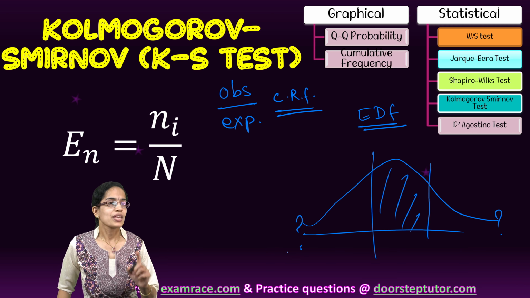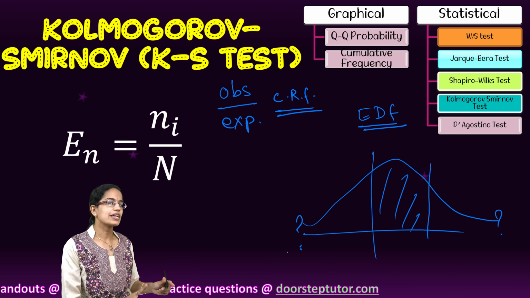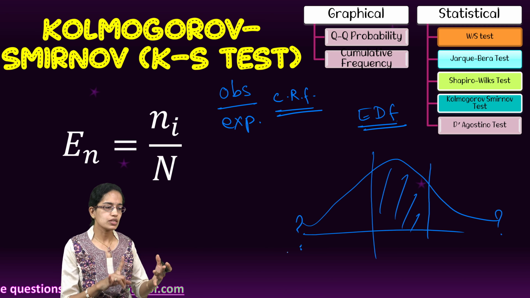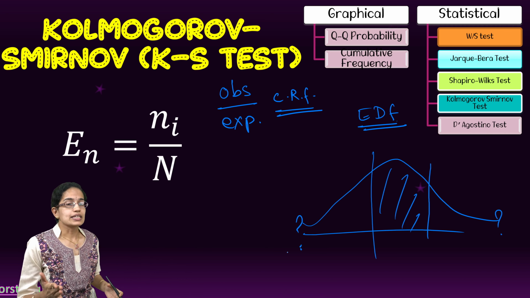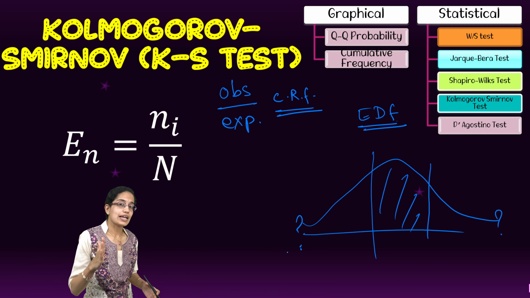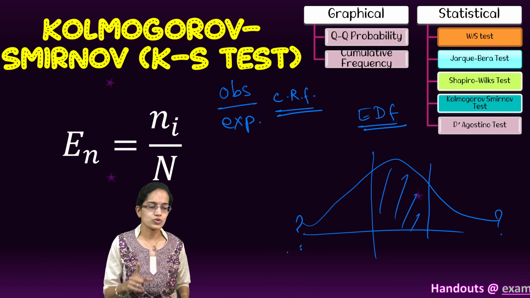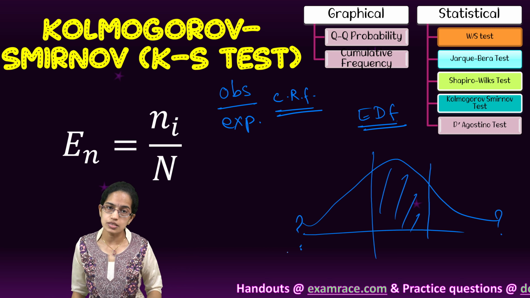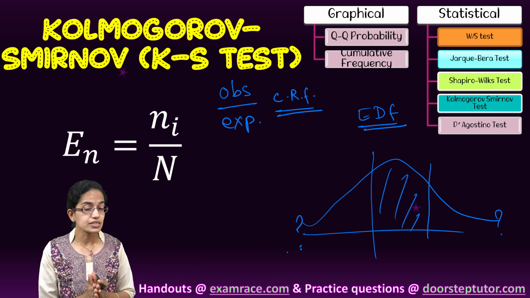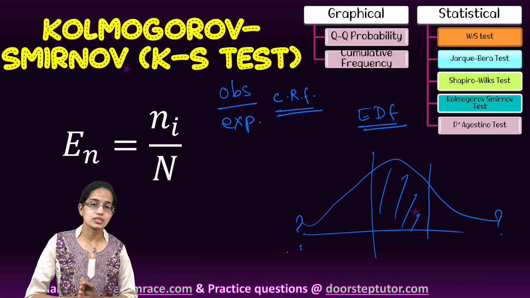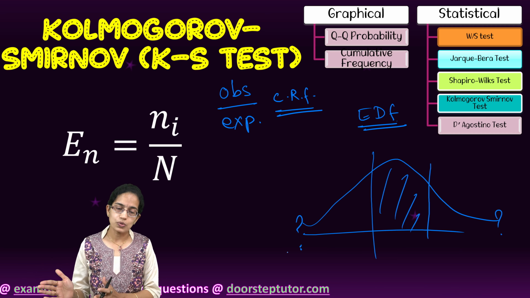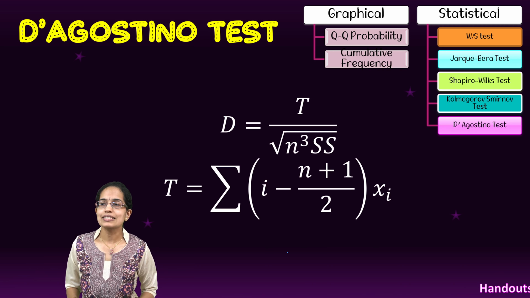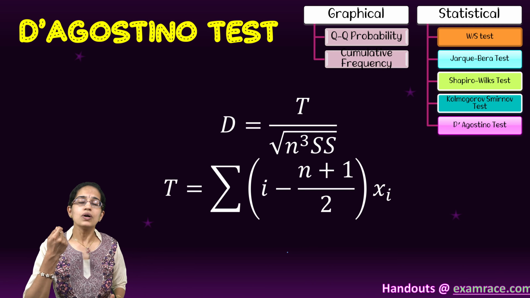Again, as I said, it is applied to a continuous distribution, and in case the calculated value is less than the critical value, that means there is an acceptance criterion for the null hypothesis. And when the null hypothesis is accepted, we go by the same rule again of understanding and accepting the normality. The next is the D'Agostino test.